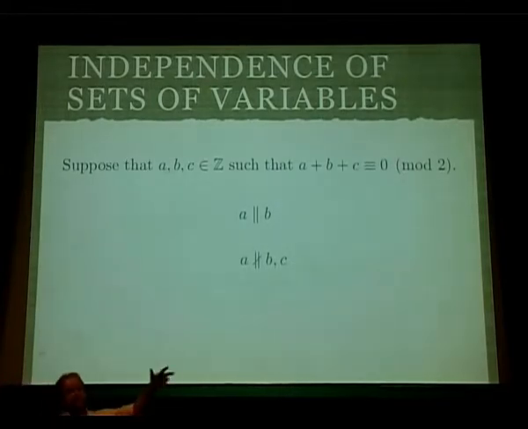It's not true that you can pick any legitimate value of B and C and combine with any value of A. If A is 1 and B and C both 0, then the sum will not be even. So the 2 sets are independent if any legitimate combination of values on the left is compatible with any legitimate combination of values on the right.